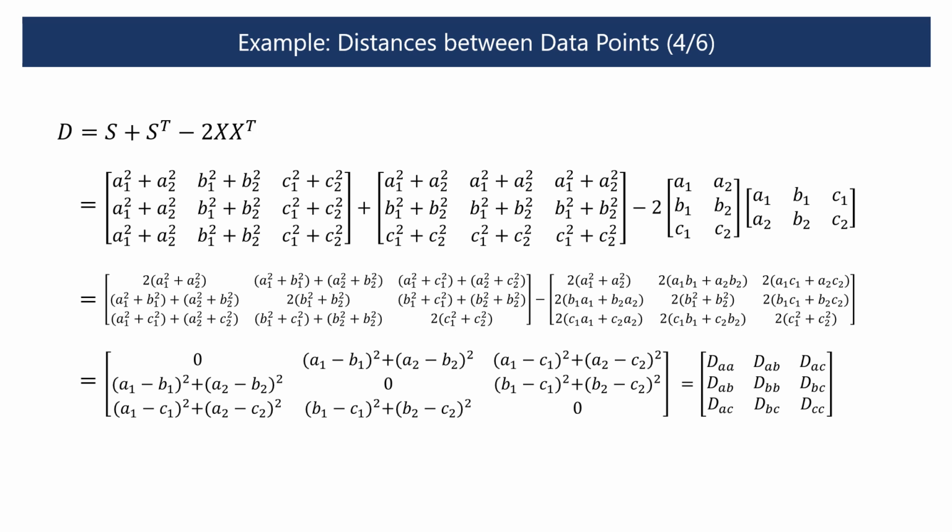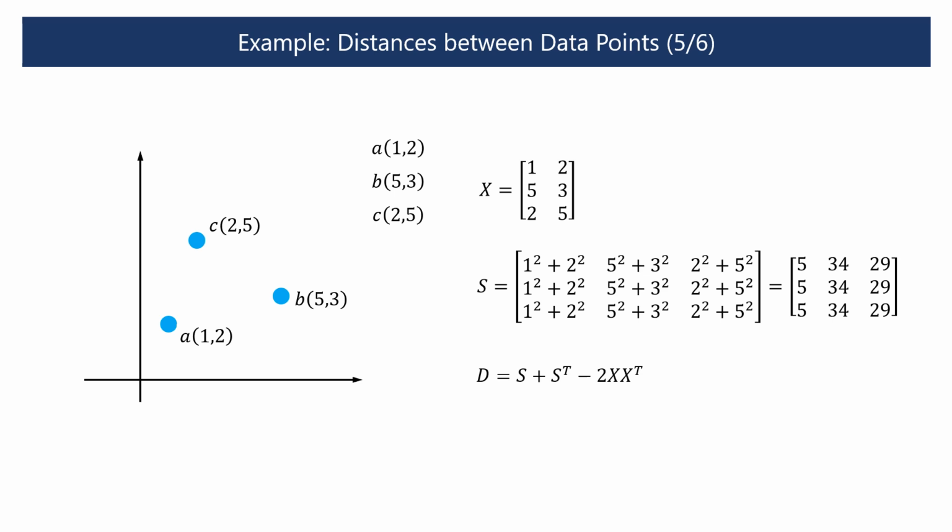We can see that each element represents the square of the Euclidean distance between two data points. For example, the element in the second row, first column, represents the square of the distance between data points A and B. The element in the third row, first column, represents the square of the distance between data points A and C. All diagonal elements are zero, meaning that they represent the distance between the same data points. So they are all zero.